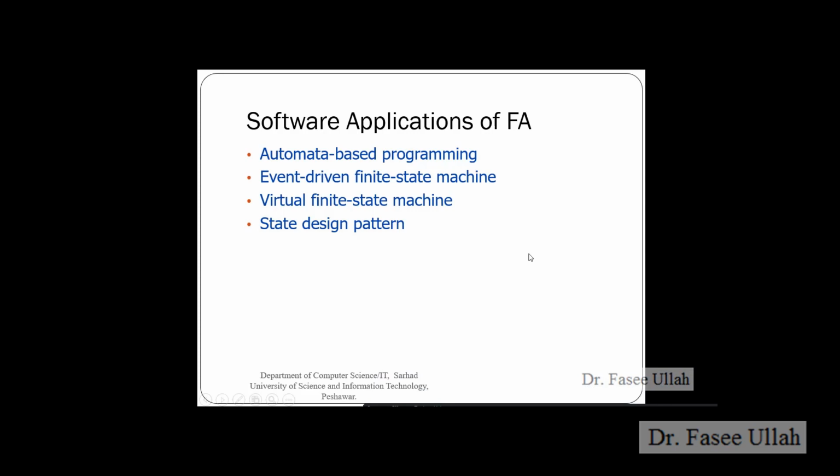Okay, then we have some software-based applications. The first one is automata-based programming. I will give an example from the very beginning, like designing the set of ABBA, the whole string. For that we need the finite automata. Then the second example, event-driven finite state machine.